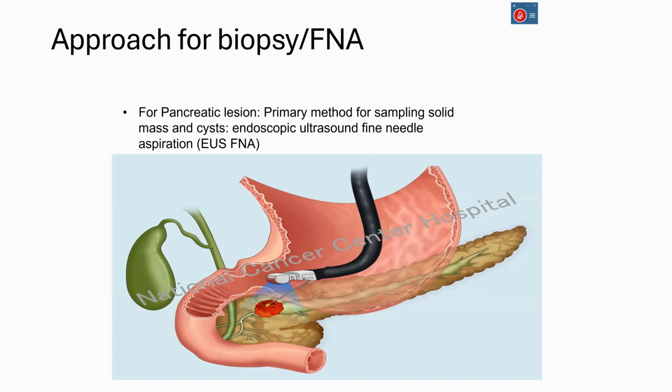This procedure was introduced in the early 90s, and there is an ultrasound probe attached to the endoscopy probe, and through the ultrasound guidance, gastroenterologists can see and target the lesion within the pancreas, either head, tail, or body. And through that ultrasound guidance, they insert their FNA needles and core biopsy needles to get the diagnostic material.